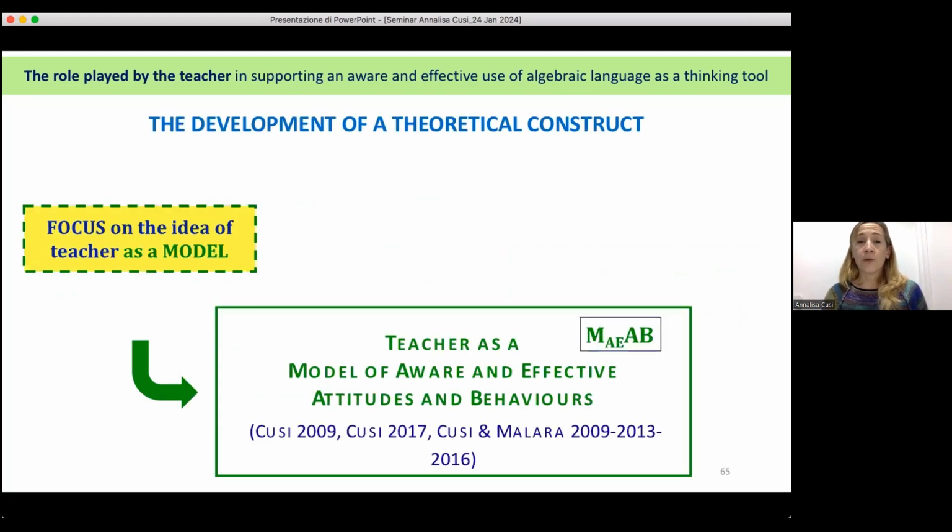I already introduced the name of the construct. This is the acronym of teacher as a model of aware and effective attitudes and behaviors.